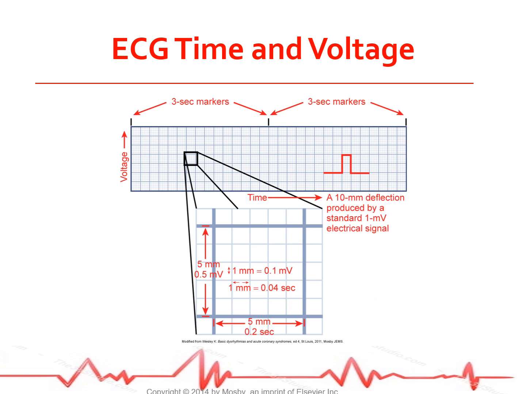So a couple slides ago, we discussed that the PR interval is 0.12 to 0.20 seconds. So how in the heavens do we measure that? Well, EKGs are done on specific ECG paper, which is shown here.